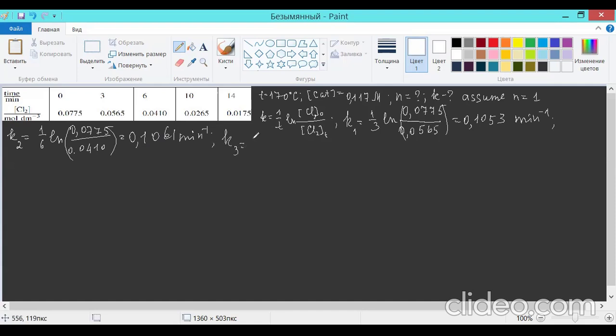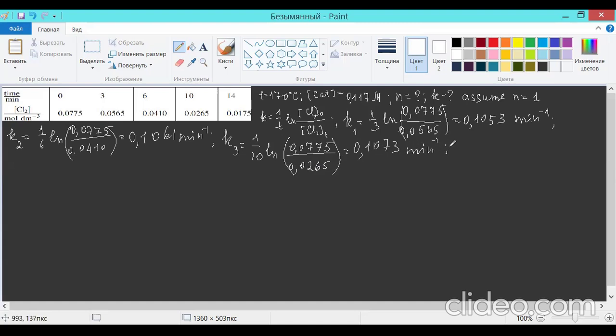k sub 3. And we divide by 0.0165, and we divide by 10. It's again very close. It's 0.1073.